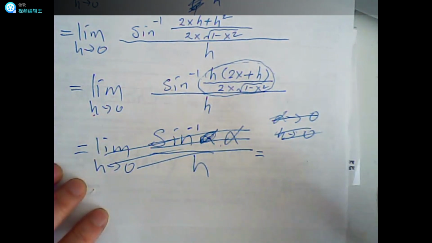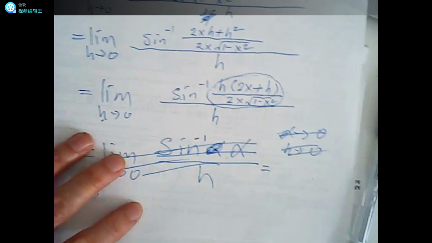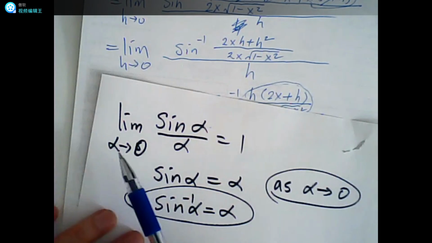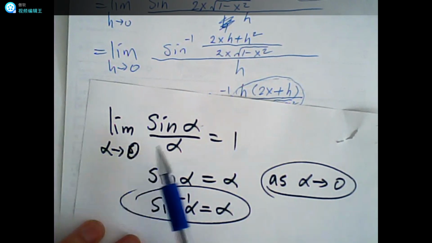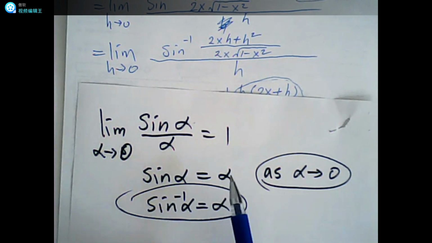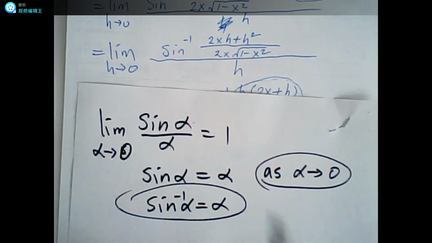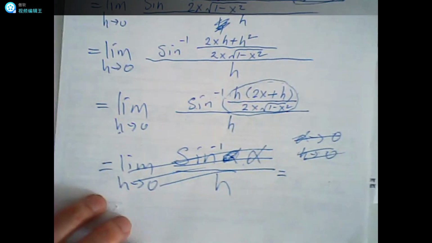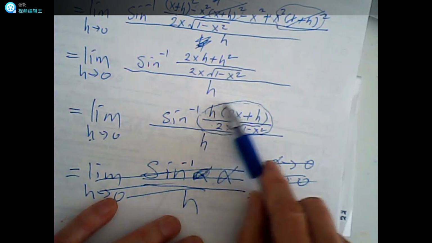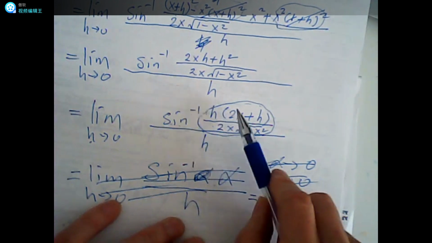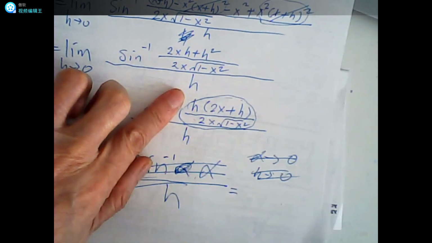Understand? I'll repeat again. As alpha goes to 0, sine alpha is equal to alpha, or arcsine alpha is alpha. Therefore, when this one approaches 0, arcsine of this is equal to this.